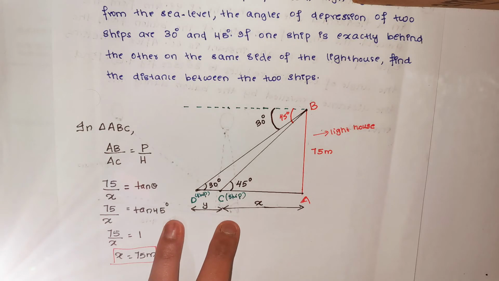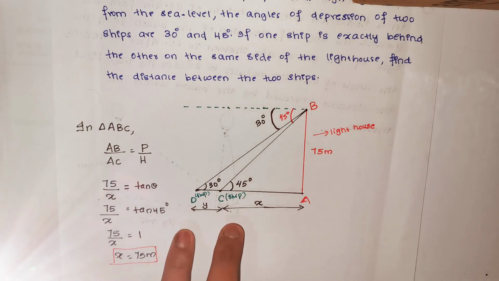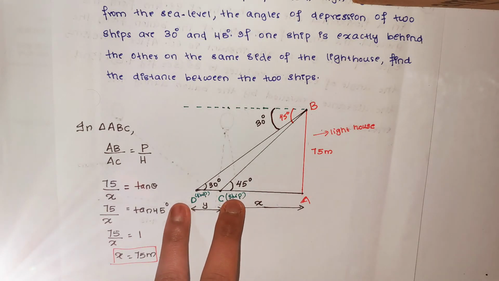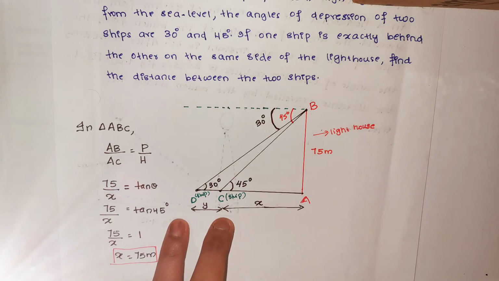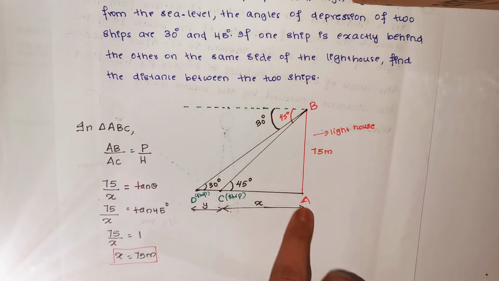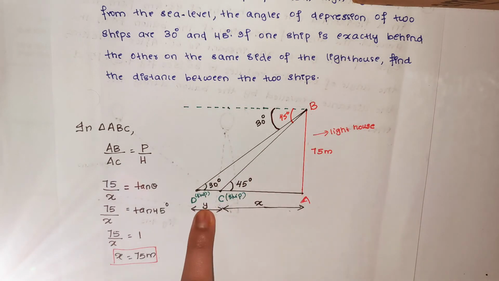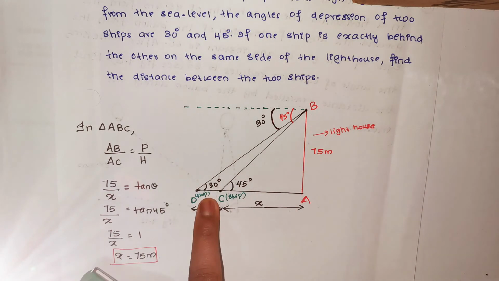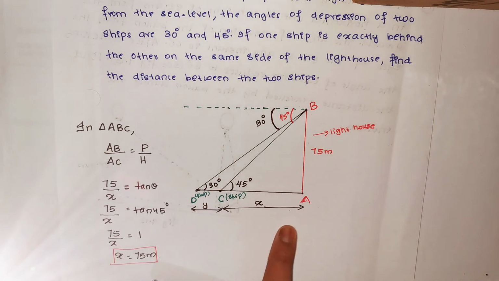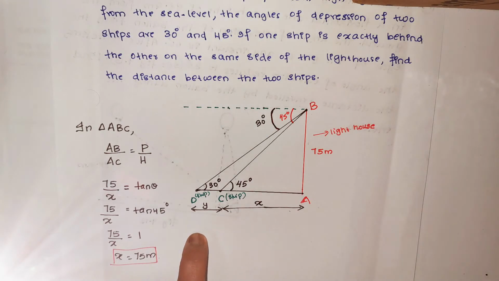Y is the distance between the ships. So, we have to find this y, students. We got the value of x. So, next we have to find the value of y. When we take this full triangle ABD, from there we get the value of y.